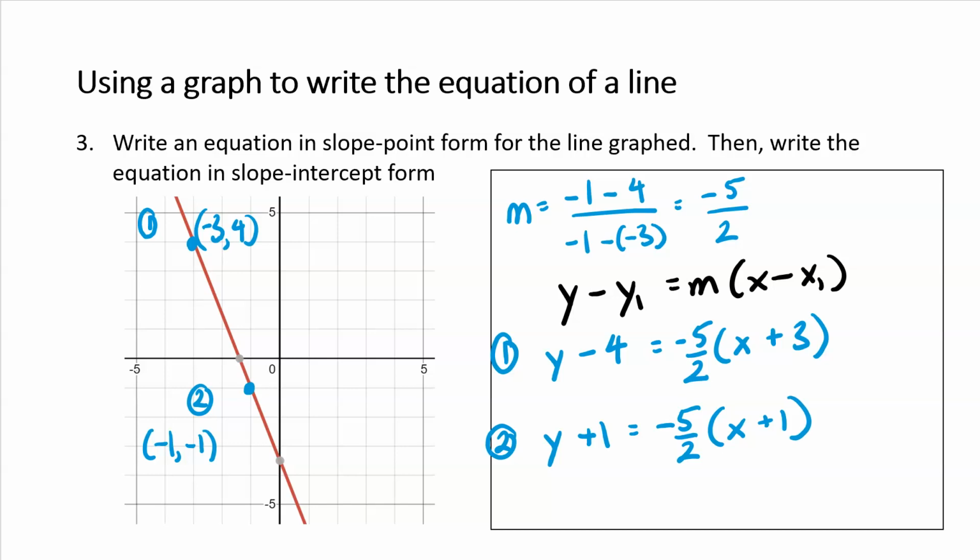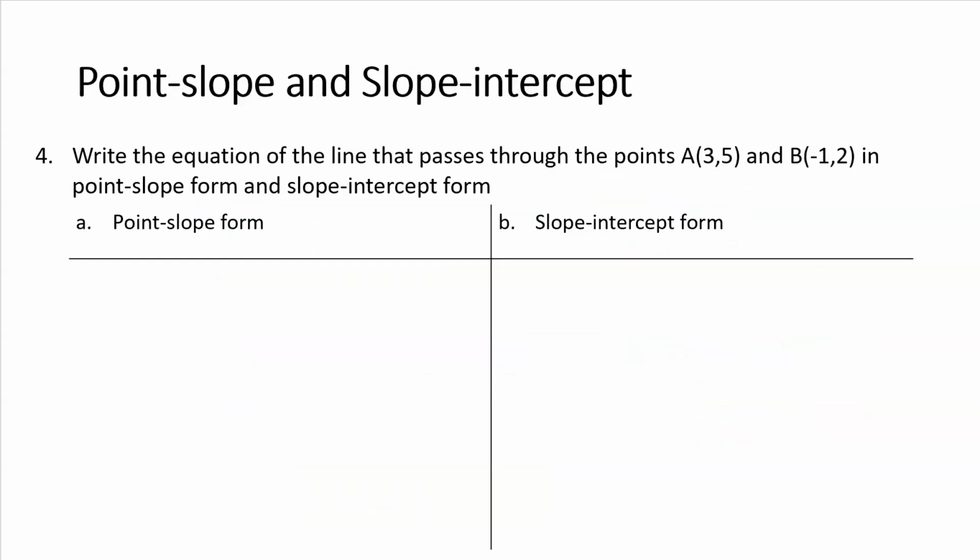But even though these two equations don't look exactly the same, they are. They describe the same line. You just have 2 different points listed in your equations, but those equations are equivalent.